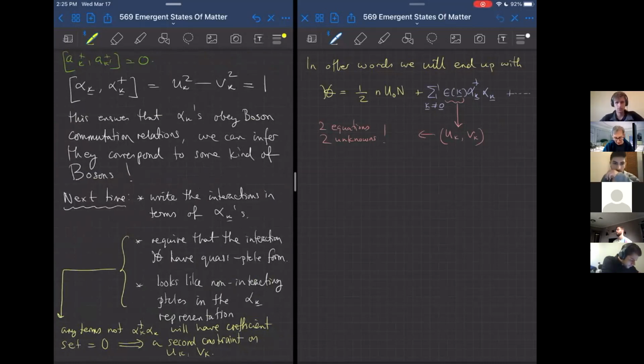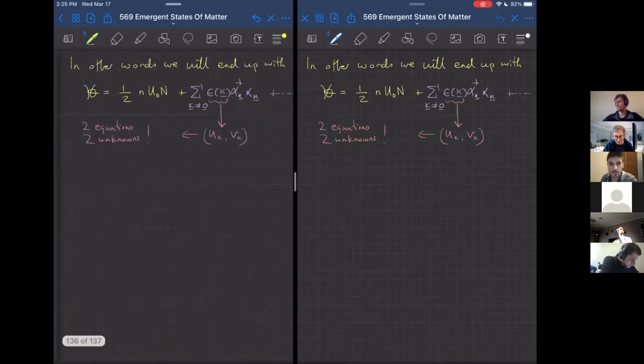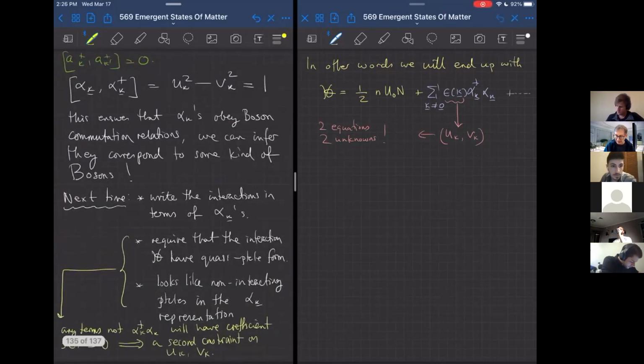So what actually do they correspond to? Well, that's what we're going to see now. We're going to go ahead with the calculation.